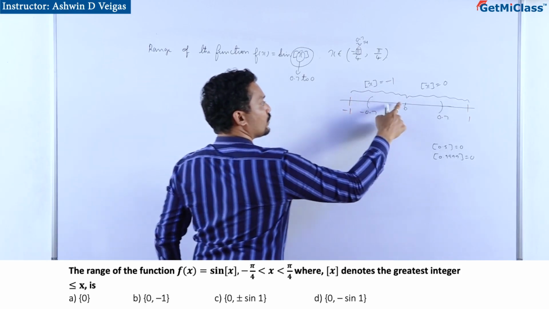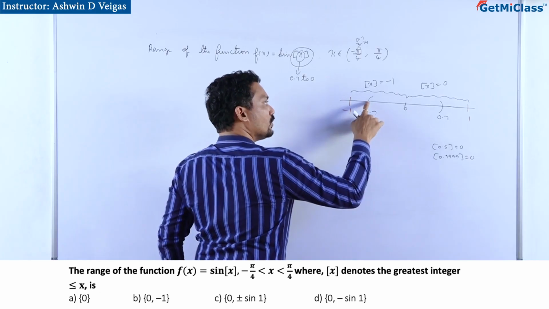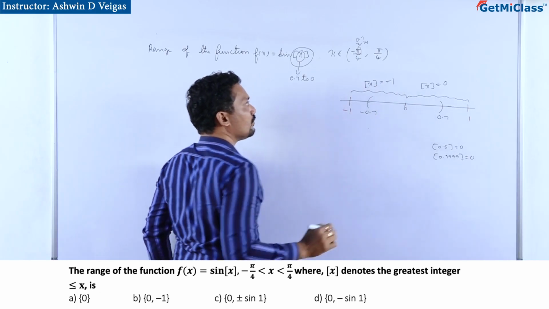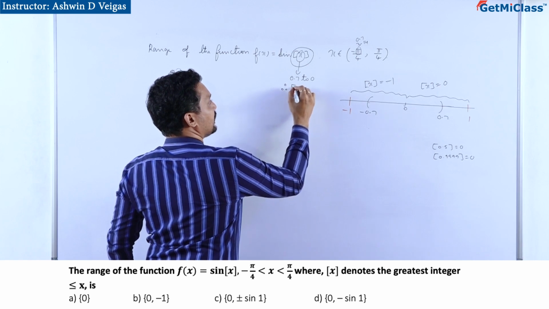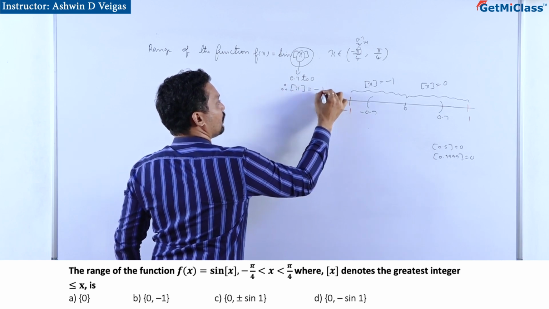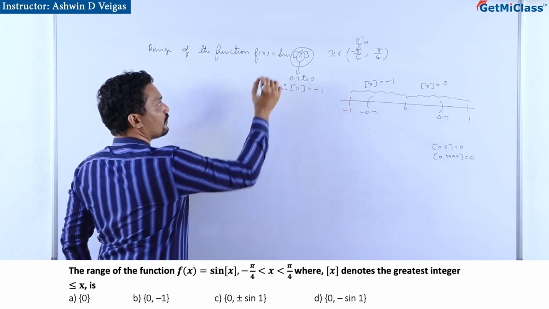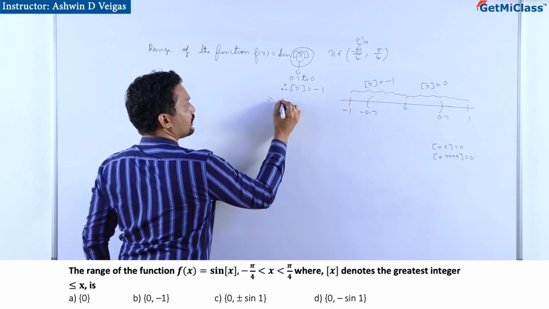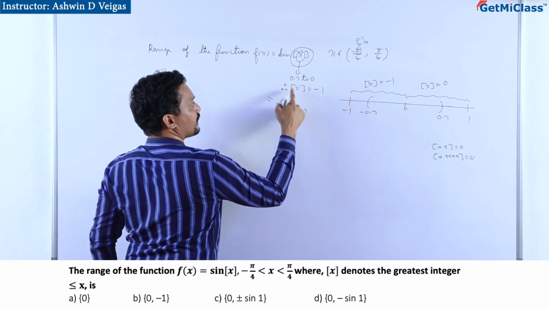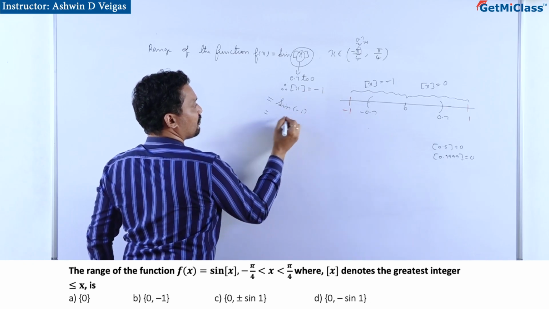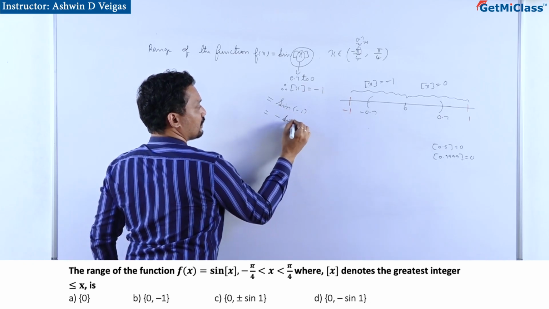In fact, from here to here all values become minus 1. Therefore, greatest integer of x will take the value minus 1. Therefore, we get the answer as sine of minus 1. So greatest integer of x is minus 1, and sine of minus 1 is minus sine 1.